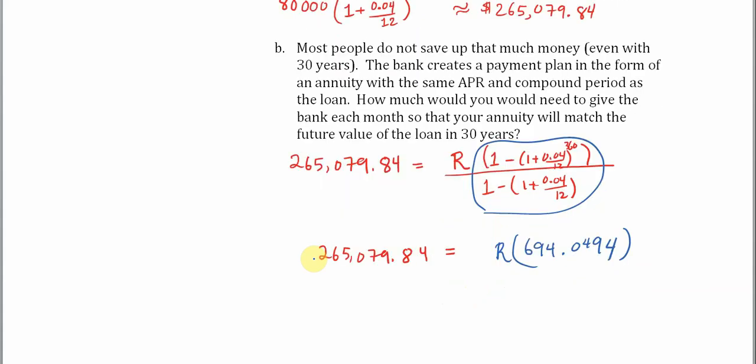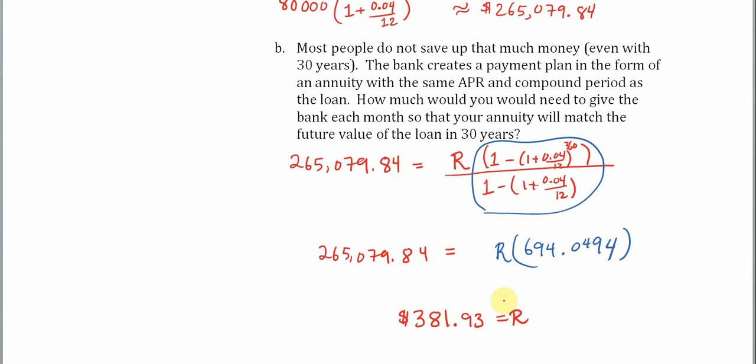All right, and then divide both sides by 694.0494. And we'll have our final answer, which is something much more reasonable and nice. It turns out to be approximately 381.93, and that is equal to R.